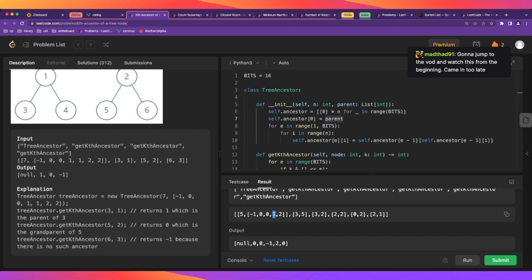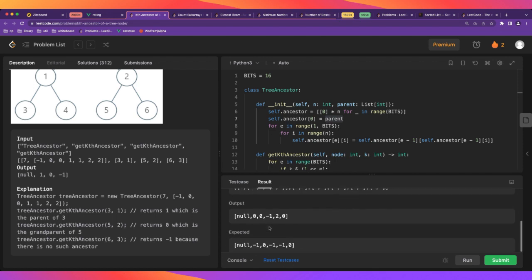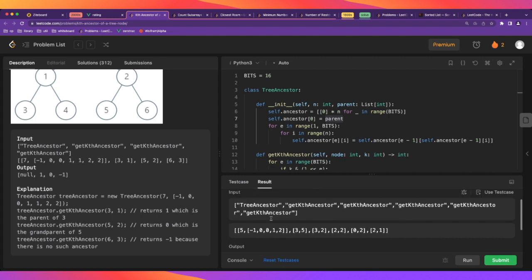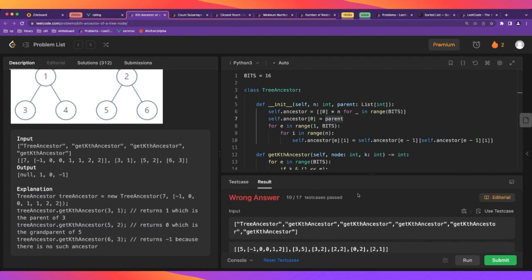Yeah, sure. So we are at 3, and the ancestor is this, and then we go to this. Oh, I know what my bug is.